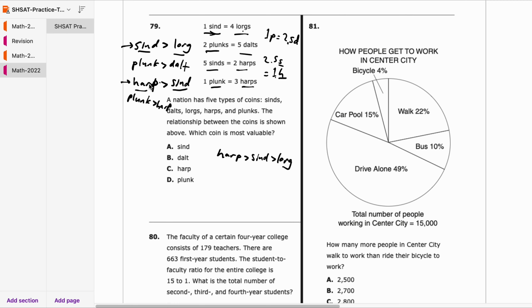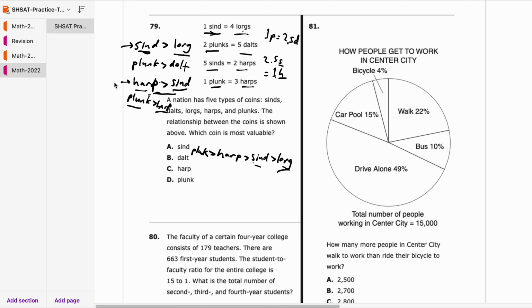So we're using the transitive property. Harp is greater than sind is greater than lorg. Okay, so now let's look at the other ones. We have plunk is greater than harp, so therefore plunk will go here.